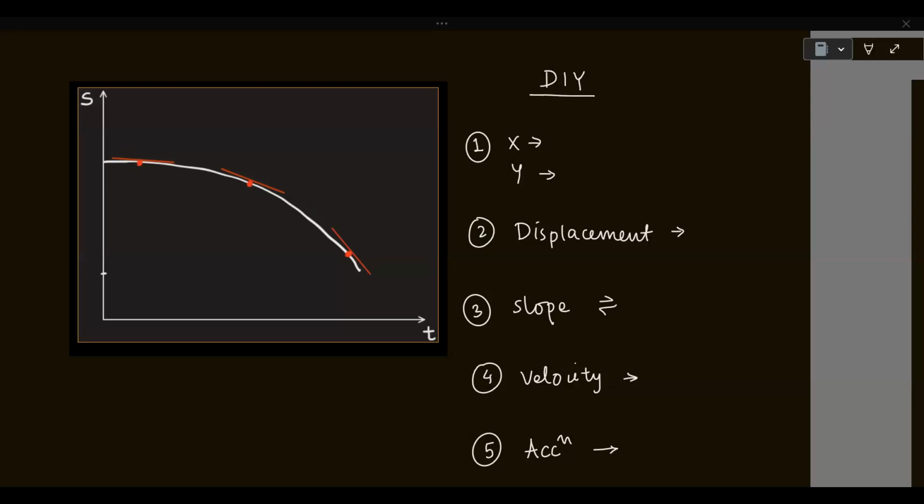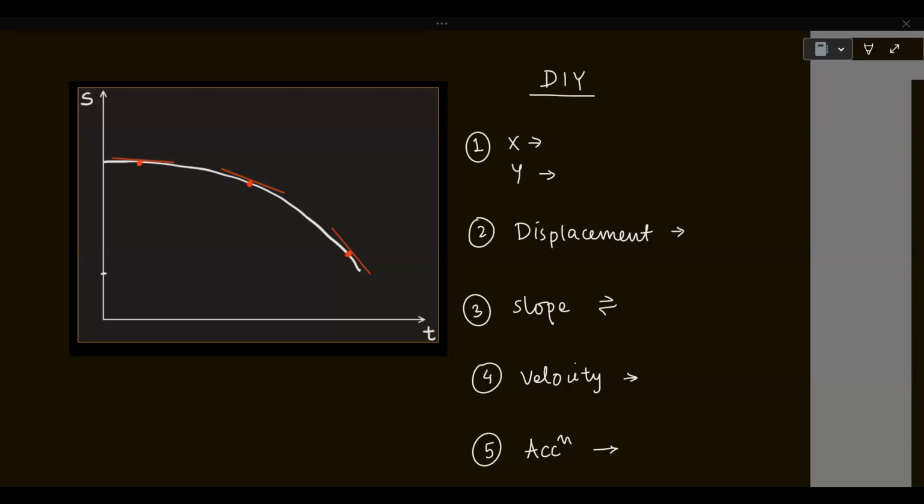Yes, guys, please let me know. So x decreases, slope is decreasing negative, velocity is negative. Shrishti is okay. Let me see. Yes, Purva has given an answer.